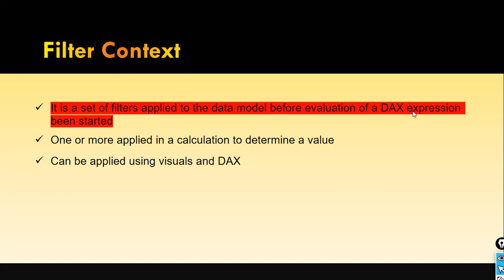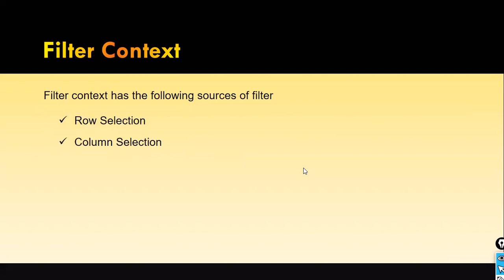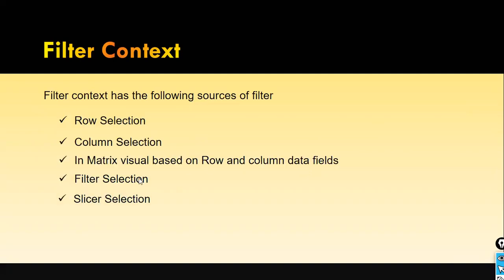Are there any other filters that apply? Yes. In the case of a pivot table, that is the matrix visual, these are a set of filters: row level filter, column level filter. In the case of a matrix, the row and column data also apply the filter. Then filter selection, slicer selection.